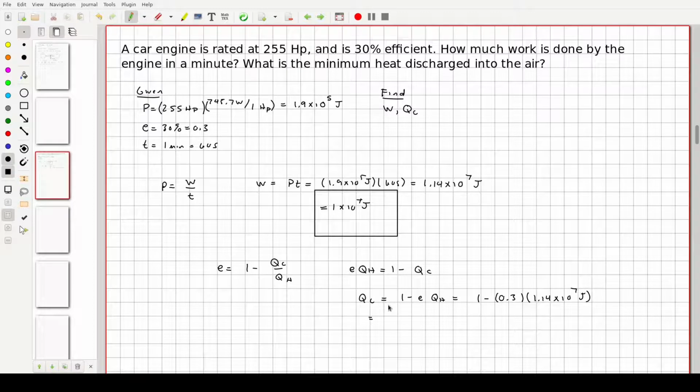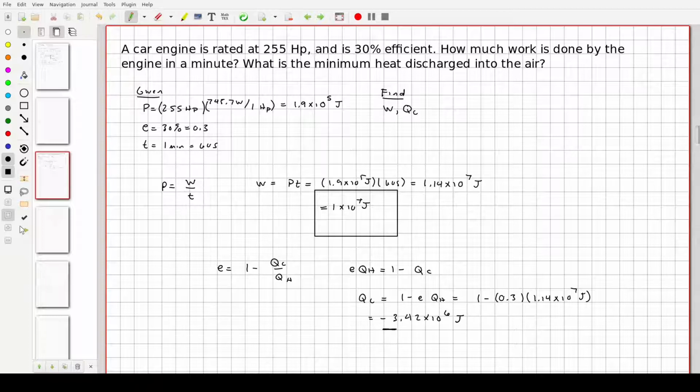So when you do this, you end up with 3.42 times 10 to the 6 joules.